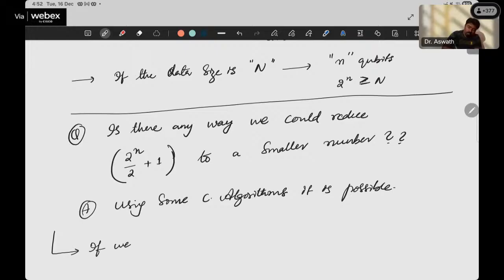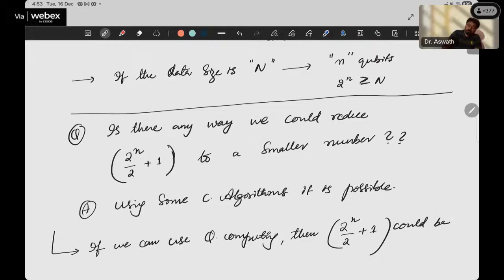But let me tell you another powerful answer. If we can use quantum computing, using quantum information embedding and quantum information processing, then 2 to the power of n by 2 plus 1 could be reduced to, you know how many?